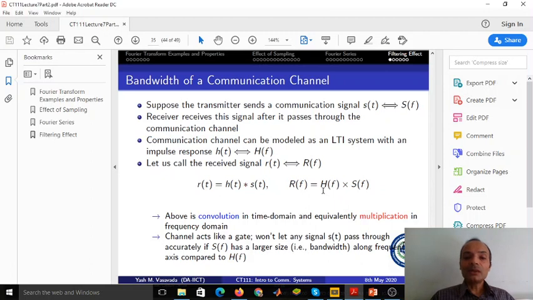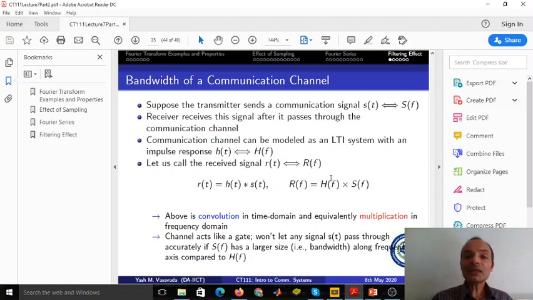Now, depending on the shape of capital H of f, or more specifically, depending on the relative shapes of H of f and S of f, the transmitted signal spectrum and the frequency response capital H of f of the channel, R of f will either be very similar to capital S of f or it may not be similar.